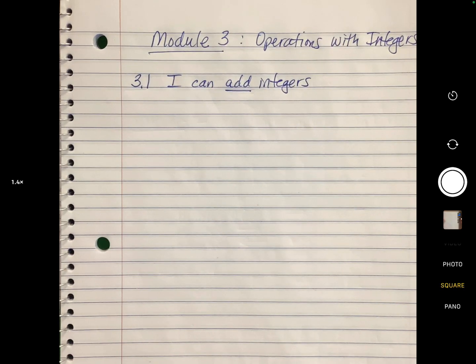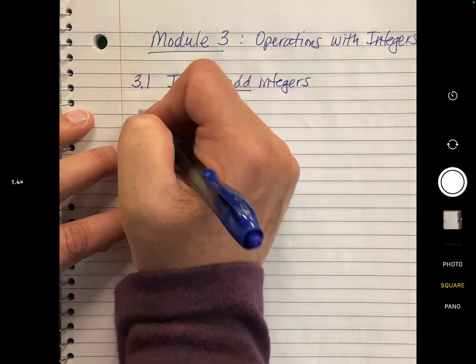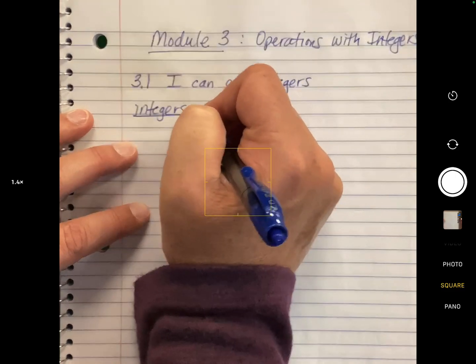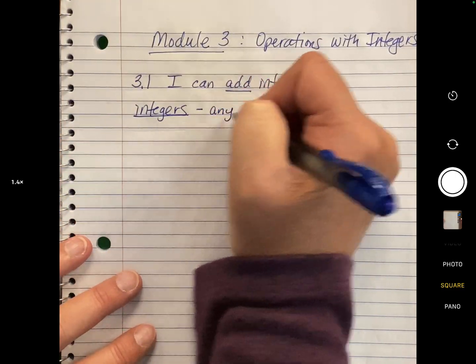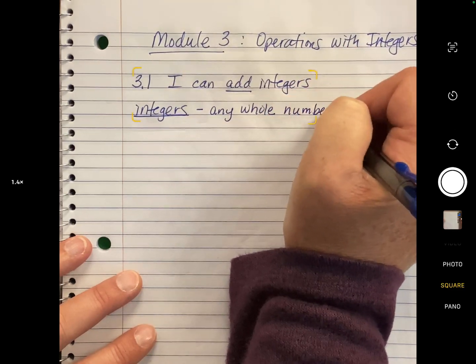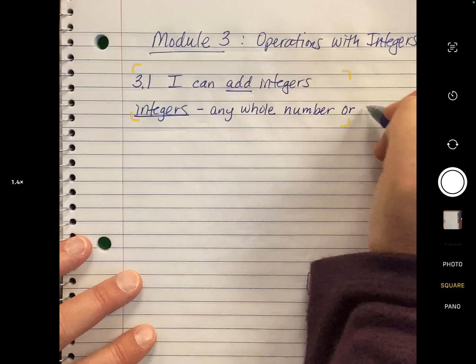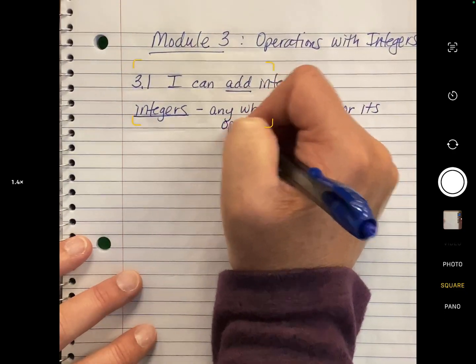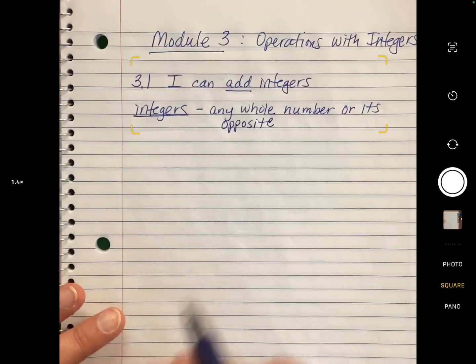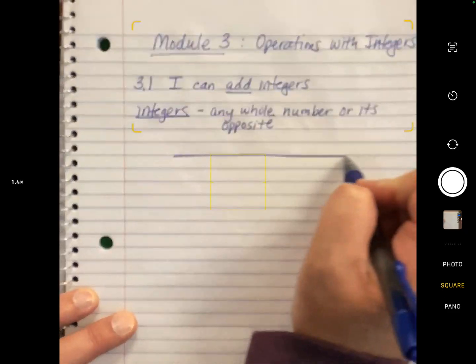Let's start with adding. Before we get into adding, we need to remind ourselves what is an integer. An integer is any whole number or its opposite. So what do I mean by that? Think about the number line that you were just using.